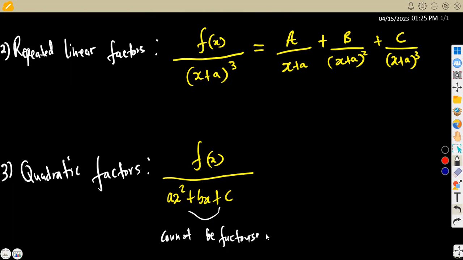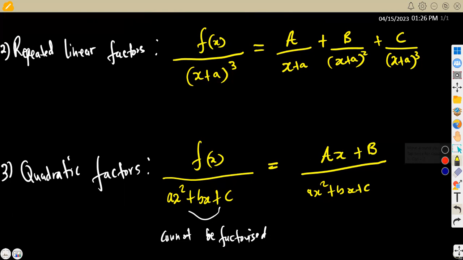If you can't factorize this quadratic expression in the denominator, therefore we are going to write this as equivalent to Ax plus B. Take note of what we are saying, Ax plus B. This is what you're going to expand as, everything over ax squared plus bx plus c, which is that quadratic part that you have.